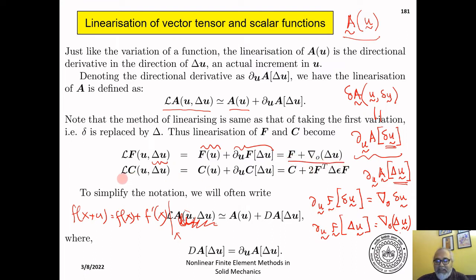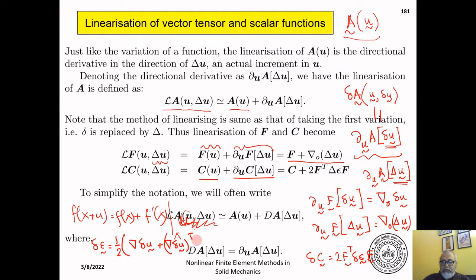Similarly, the linearized version of C, f transpose f, is C evaluated at u plus this directional derivative. Again, we have delta C, which we had defined as 2 f transpose delta epsilon f. We had done this problem. So just replace this by triangle. Remember, delta epsilon was half of this.